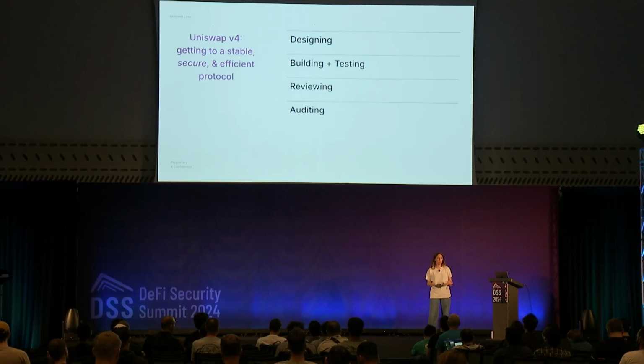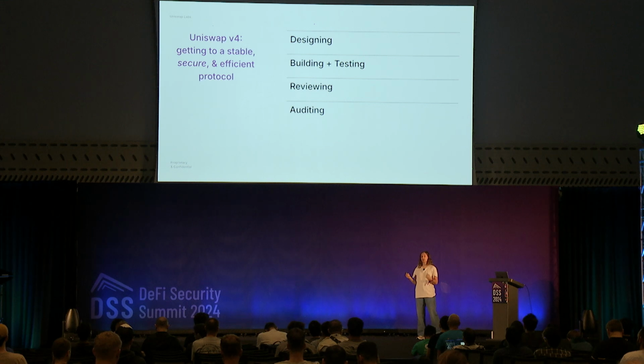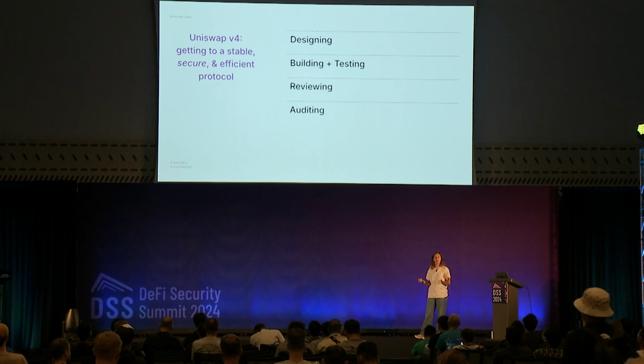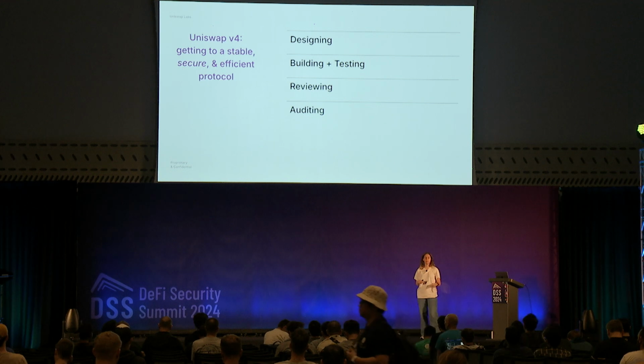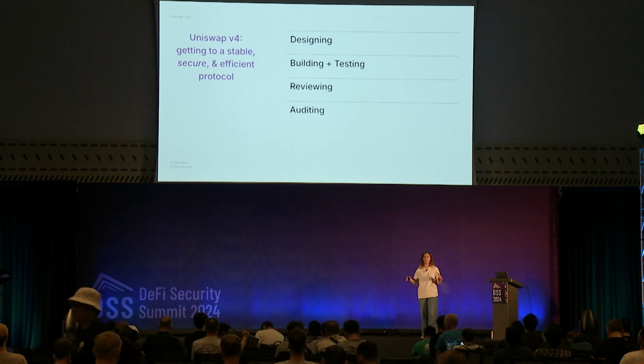What's going to be a usable architecture, but what is also less vulnerable to security issues. At the building and testing phase, how do we implement really good testing practices in reviewing PRs, and then finally at the auditing phase. And so we'll see little examples, at least from my experience, of where we've thought about security and brought it into building v4.